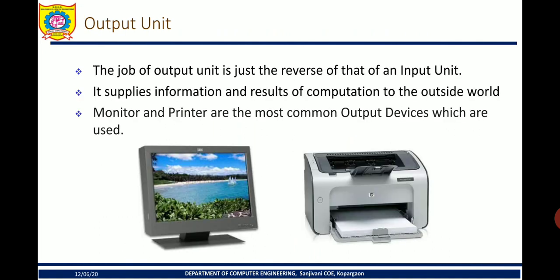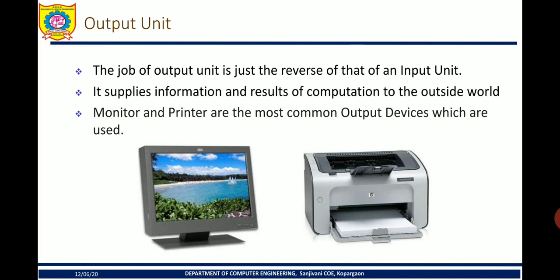Okay, output devices. The job of an output unit is to receive data from an input device, and whatever is being processed has to be displayed on the screen. So it is opposite to an input device.